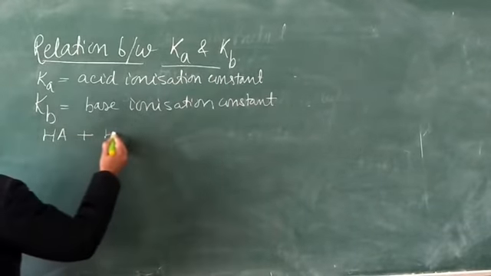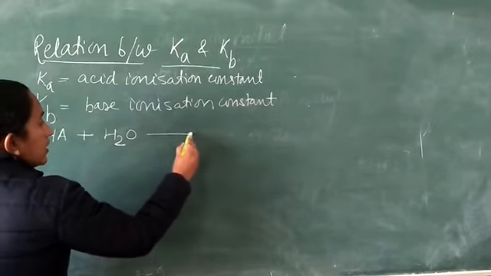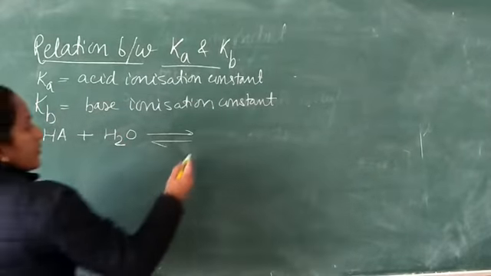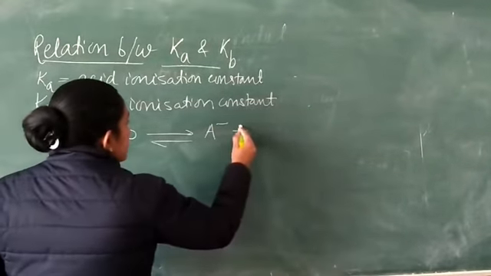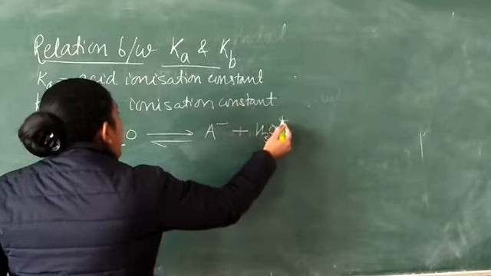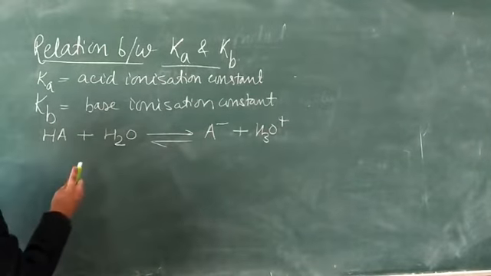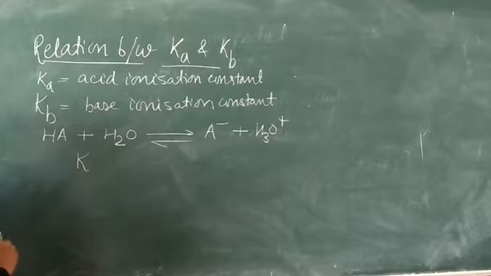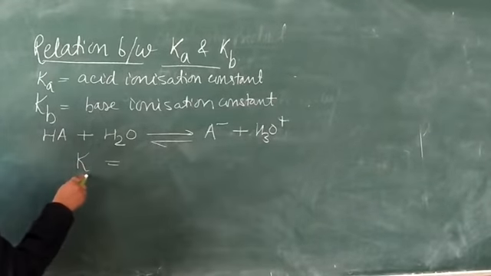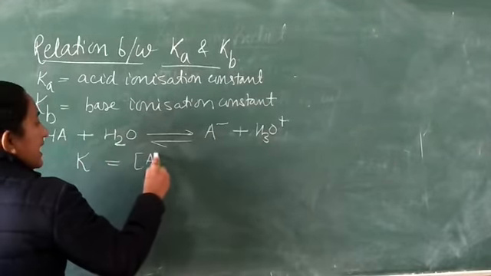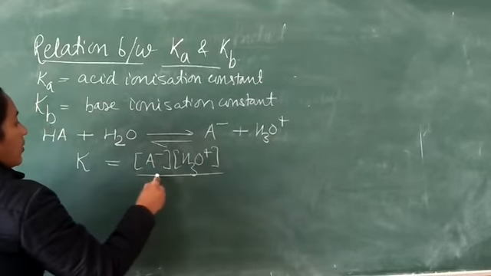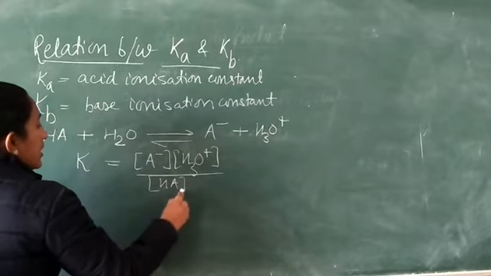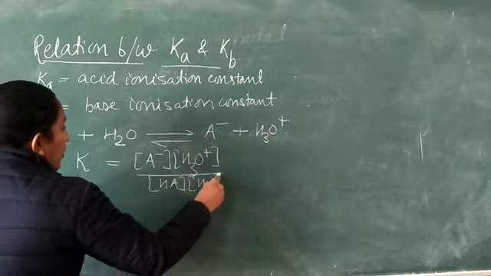It's an acid. When it is being dissolved in water, it will give A negative, its conjugate base, and hydronium ion. From here, student, from the law of chemical equilibrium, we can write down the equilibrium constant. So it will be A negative, this is H3O positive upon HA water.